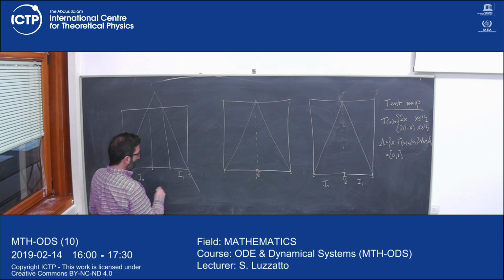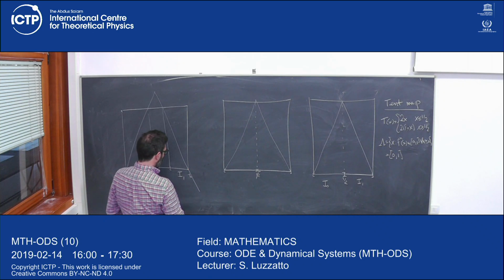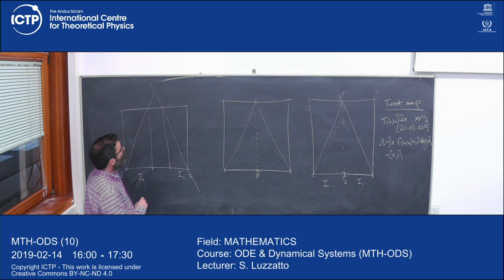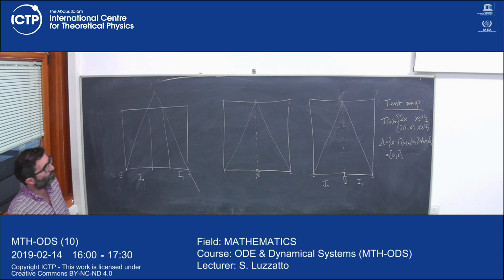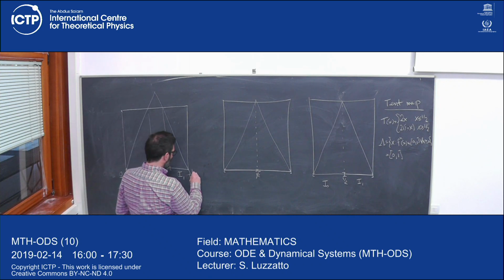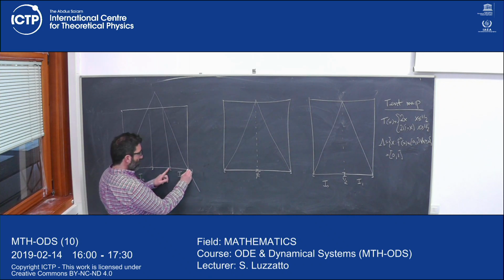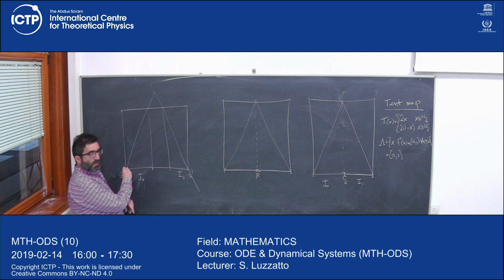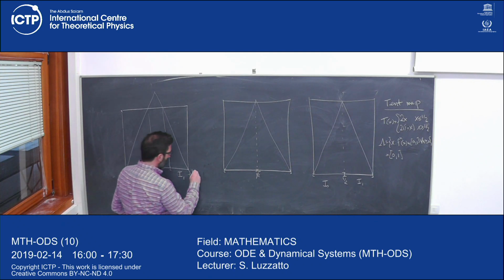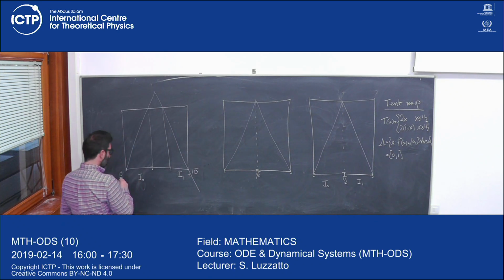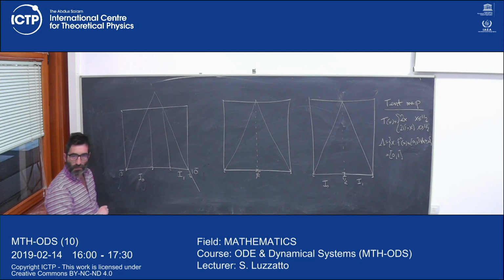What is the coding of this point here? 1, 0, 0. Yes. This is 1 and then zeros, because this belongs to I1, but its image is 0, and then it stays 0 all the time. So this is 1, 0 recurring. Sorry, 0 recurring.